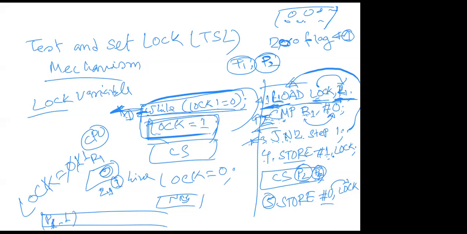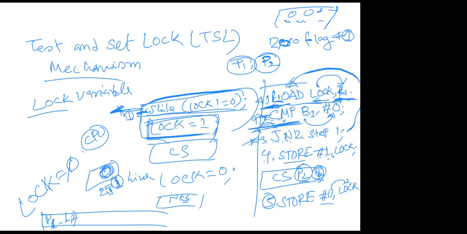It loads the lock value, which is initially 0, into register R1, and then compares R1 with 0. Yes, R1 is 0, so the zero flag is set to 1. P1 gets preempted after executing line 2, with the zero flag set.